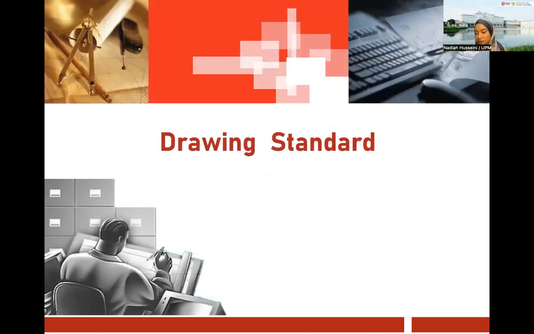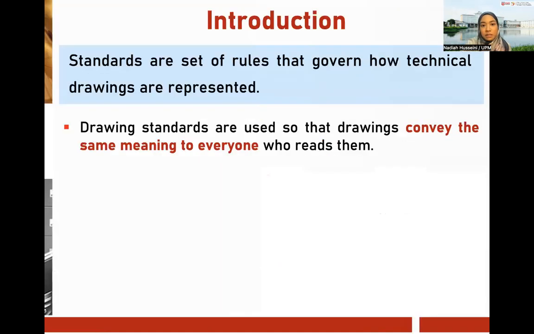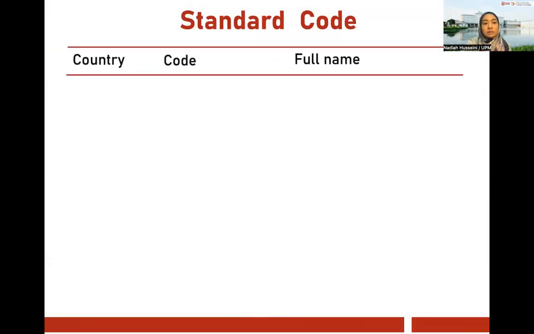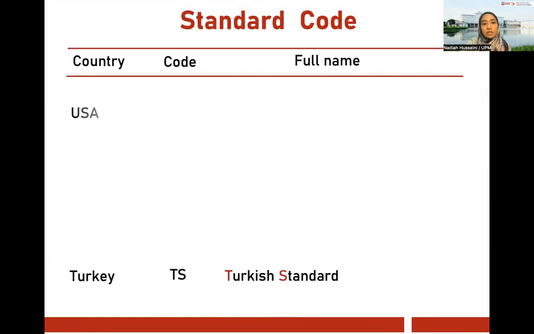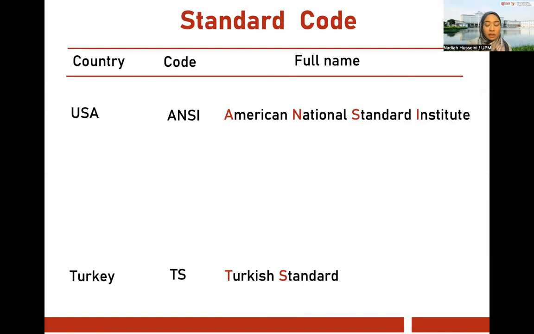Okay, now let's talk about drawing standards. Like I told you before, you have to follow standards, not just make it nice and look pretty. For each country, we follow a certain set of standards. For example, Malaysia follows, this is Turkish. USA follows ANSI, American National Standard Institute. If you find the word ANSI, this is what it means.